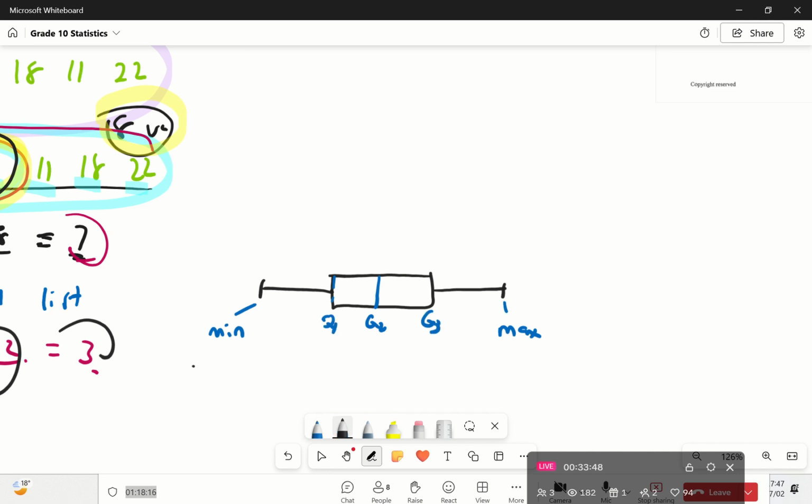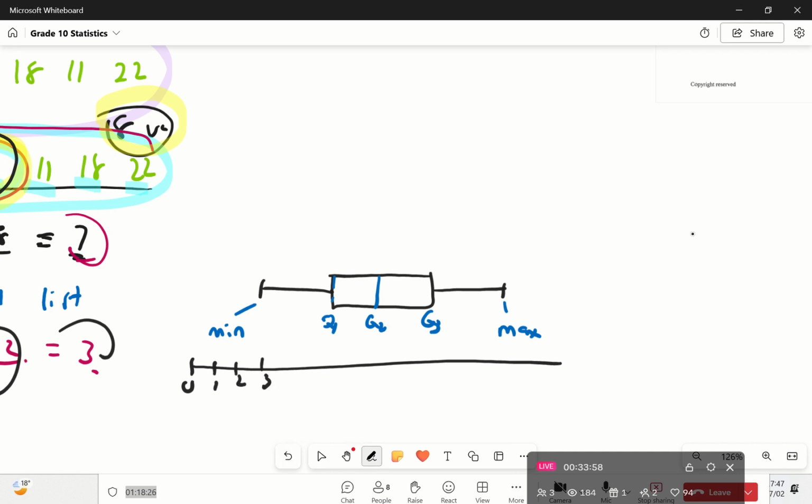And then below it should have a number line. Let's just say 0, 1, 2, 3, 4, 5, 6, 7, 8, 9, 10, and so on.